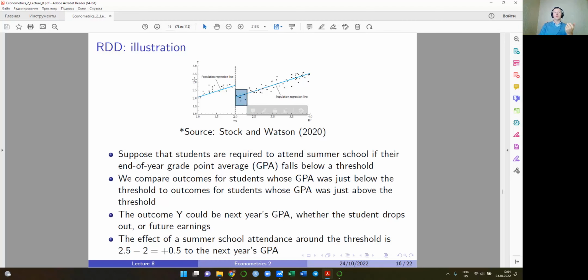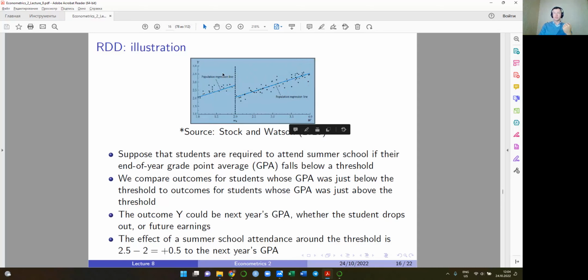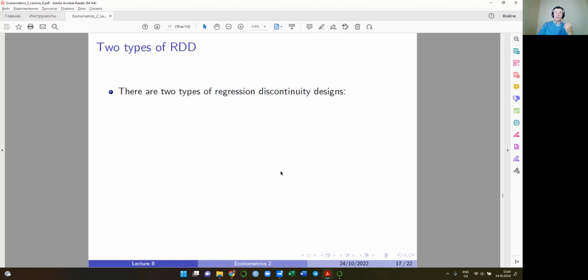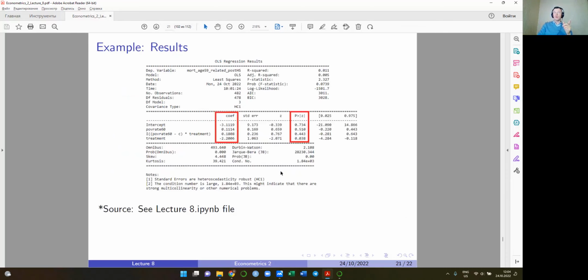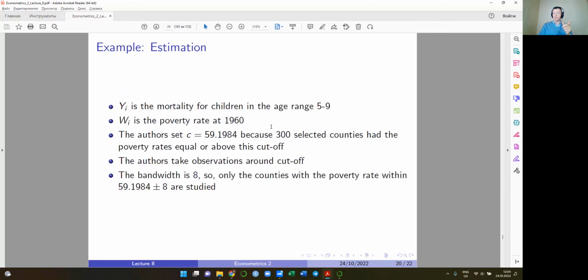So of course, all these observations are under the treatment, but you cannot compare these observations with these observations. It is not reasonable. So that's why when you speak about treatment and control group, it is better to only take these ones. Therefore, in this empirical exercise, not all 300 observations are used in the estimation.